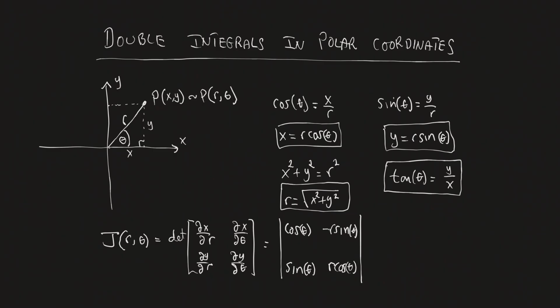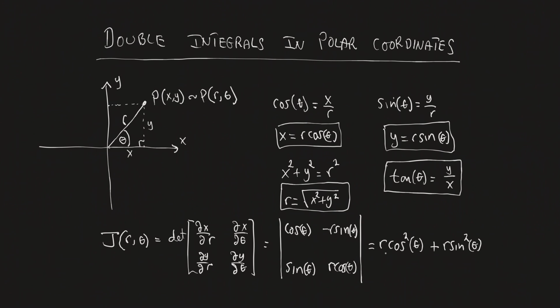All right, so then let's do our 2x2 determinant. Cosine theta times r cosine theta is r cosine squared theta. And then we have minus negative r sine squared theta, so that becomes a plus r sine squared theta.